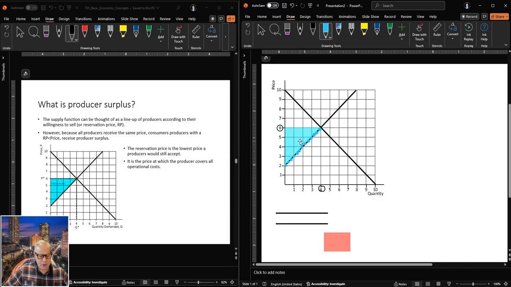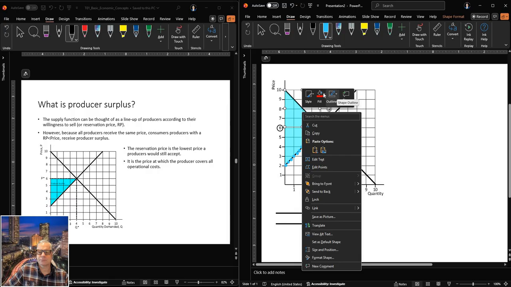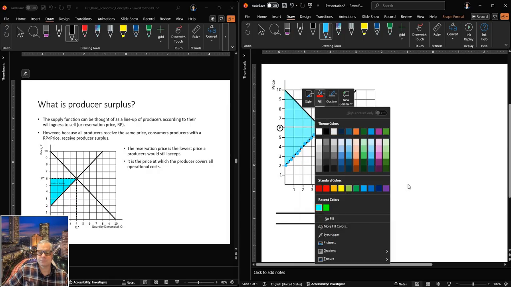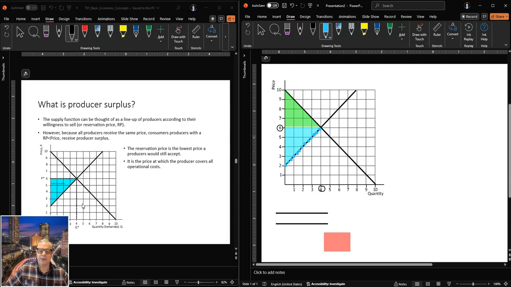Okay, so now we already have 2 areas. We have consumer surplus, and consumer surplus we made green, so I'll make that green again. Okay, so now both consumer surplus and producer surplus together, this is what we call total surplus or welfare.